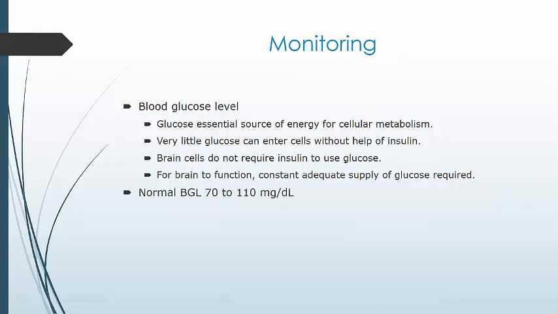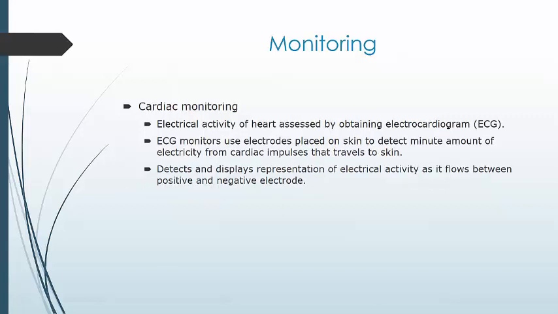I've even seen some that stay in the 200s, and I was like, that's a little high. They're like, oh, that's good for me. So once again, in context with the whole patient's presentation and assessment, okay? We've got to check blood glucose though, because without blood glucose, our brain won't function and then our bodies won't function.